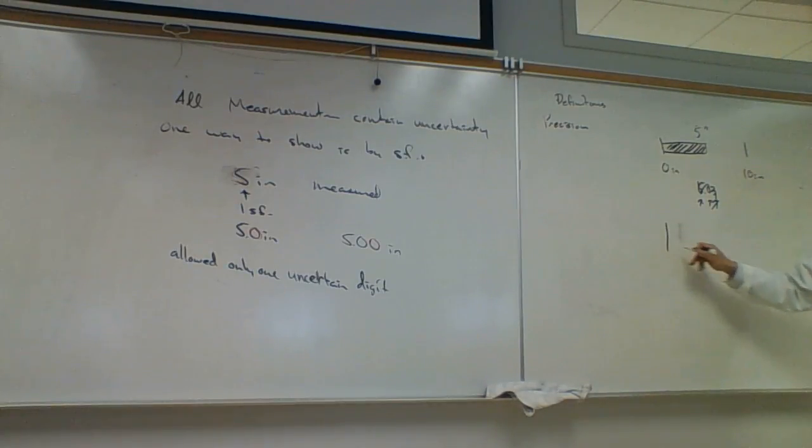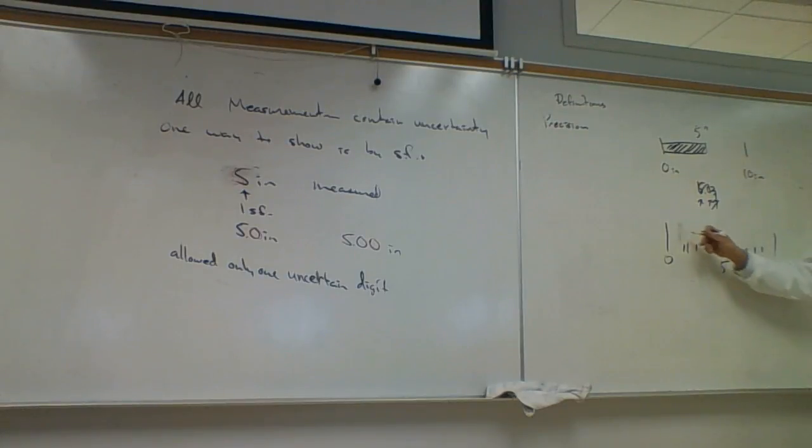Okay, now I could have a better precision ruler. That is, I could have a ruler that is marked at 0, marked at 1, 2, 3, 4, 5, 6, 7, 8, 9, 10. And so I have a marking at 5 and I have a marking at 10.